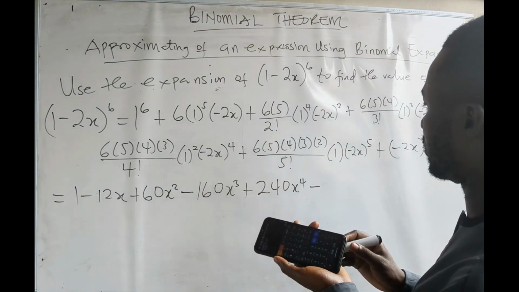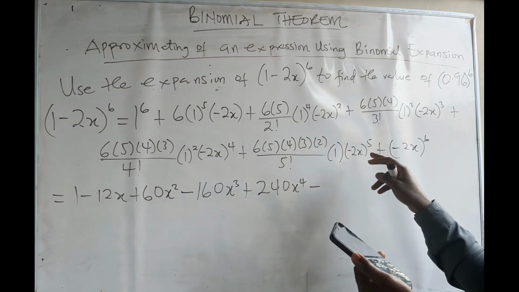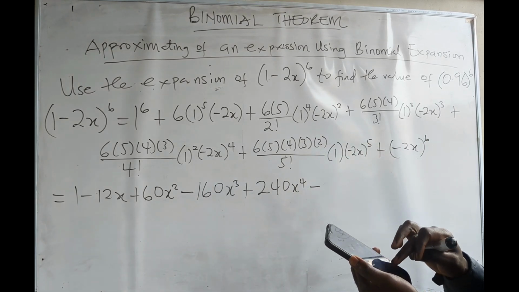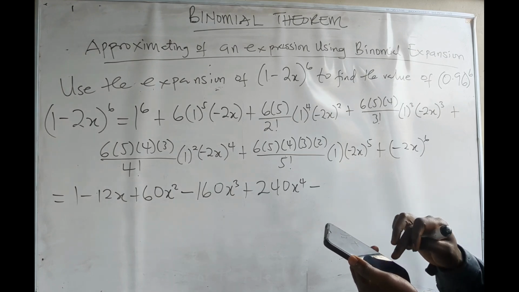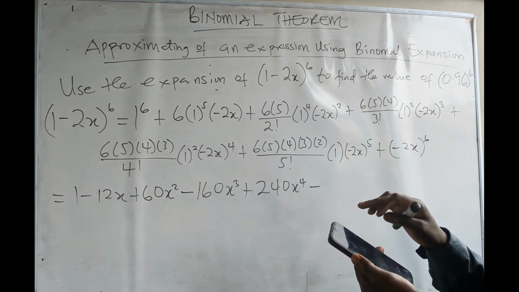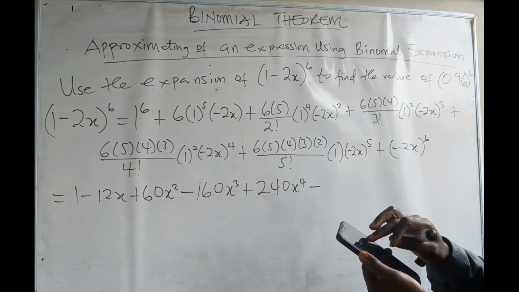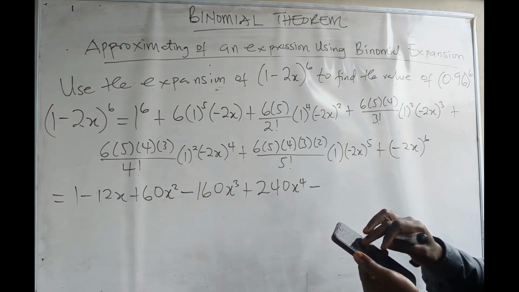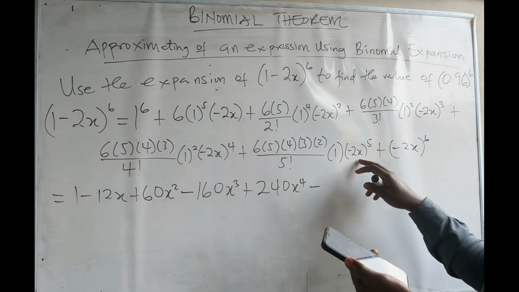Then minus, because of the odd exponent of the negative, 6 times 5 divided by 5 factorial, 5 times 4 times 3 times 2, also multiplied by negative 2 exponent 5.